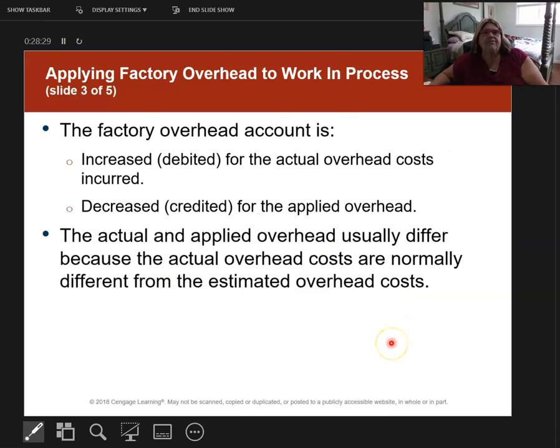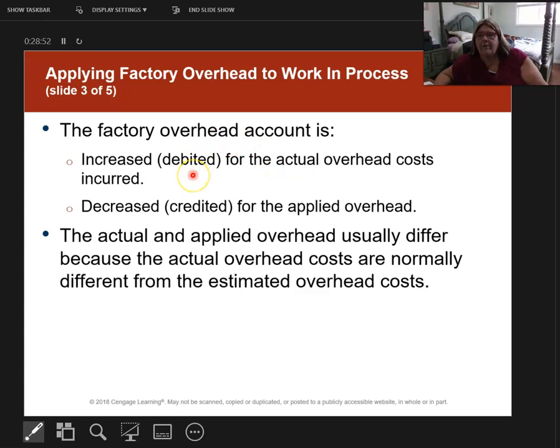Okay, so here, this is very, very important. On the next few slides, I want you to make sure you write it down, and I'm going to go over my little 5-minute time limit on this. If my factory overhead account is debited, then I'm increasing my actual overhead cost.